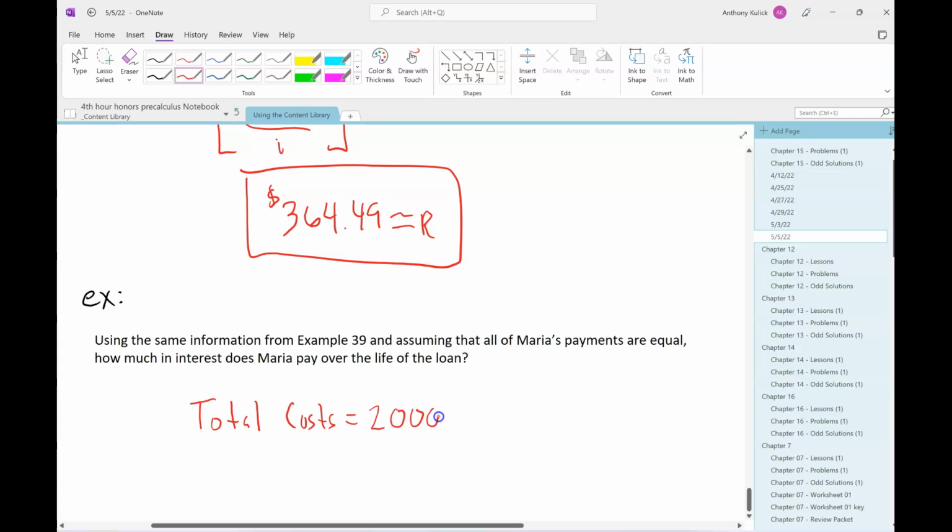We pay the $2,000 initially, right? And then we pay $364.49. How often do we pay that? Every month. And how long? For 4 years.